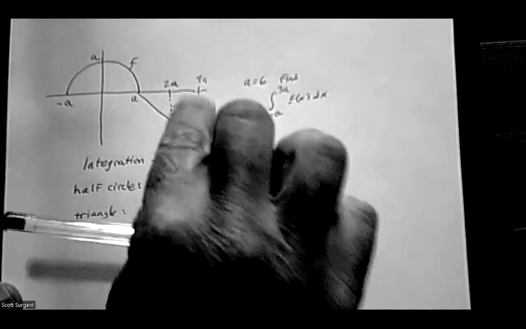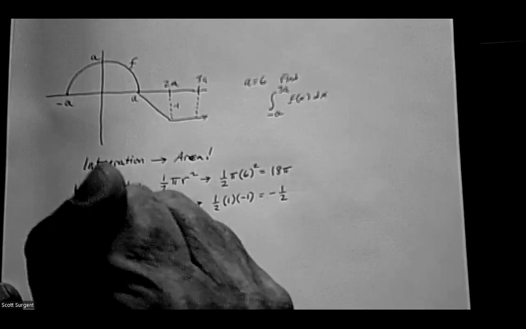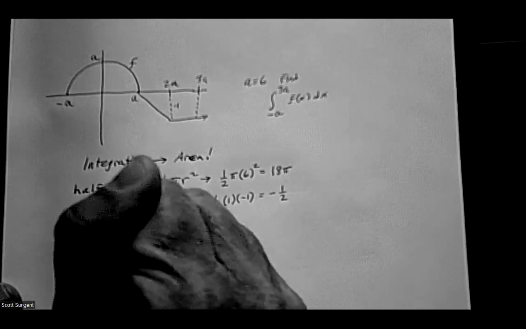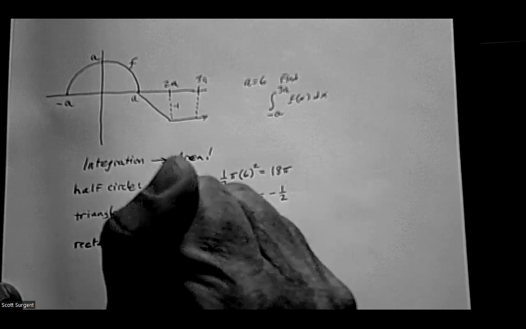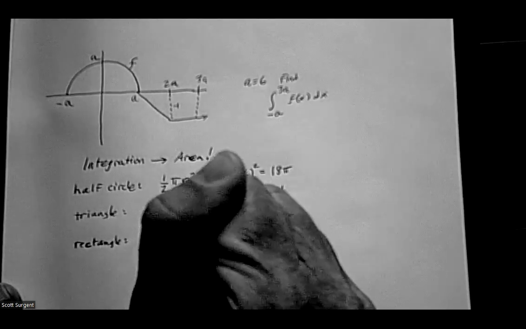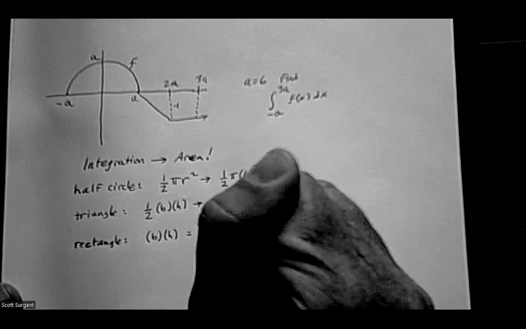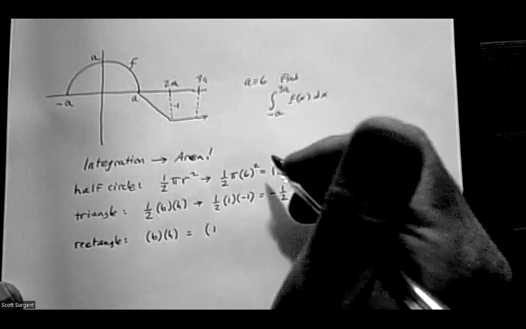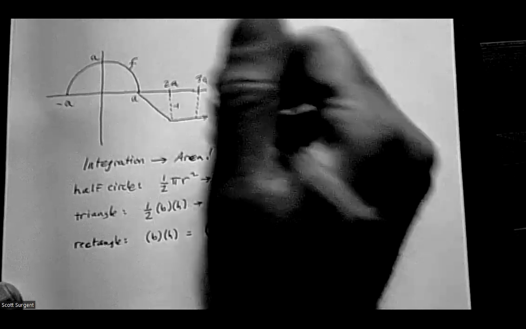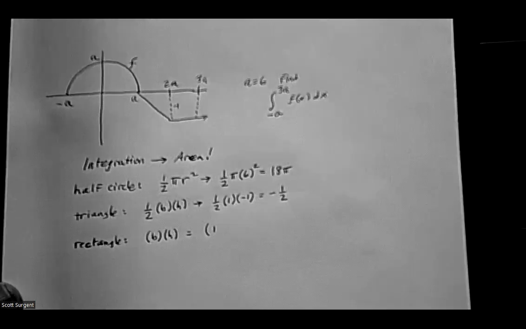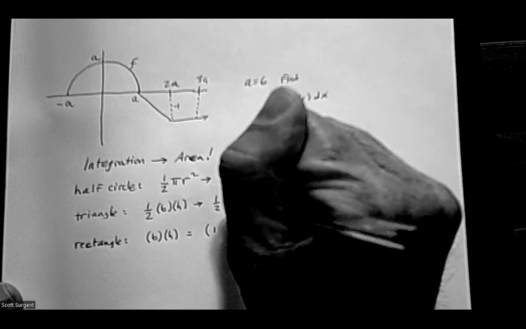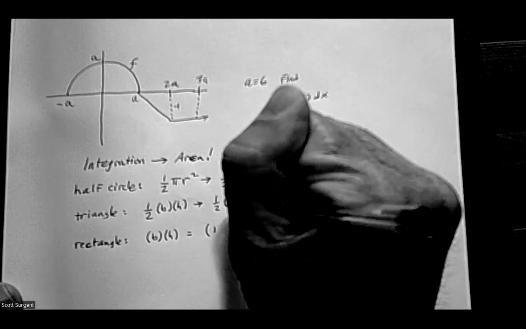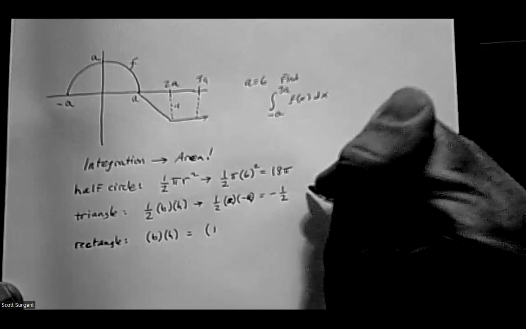And then for the little square here, or rectangle more generally, it's just base times height. Again, base is 1. Actually, you know what? I made an error here. I can fix that real quick. The base is actually A, and the height is A. So it's A and -A.